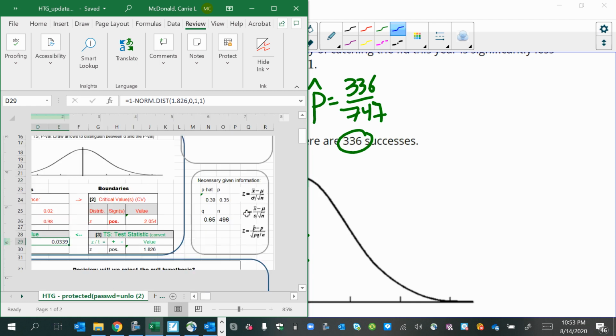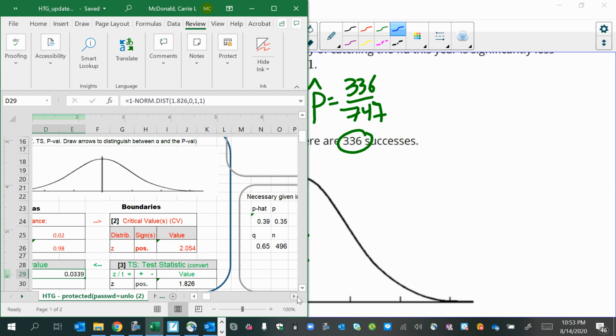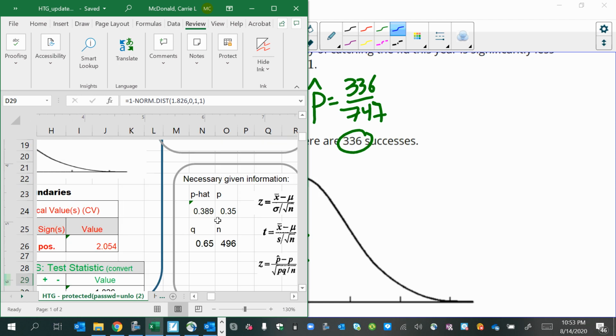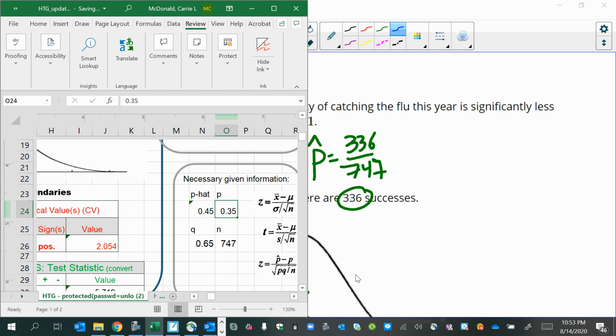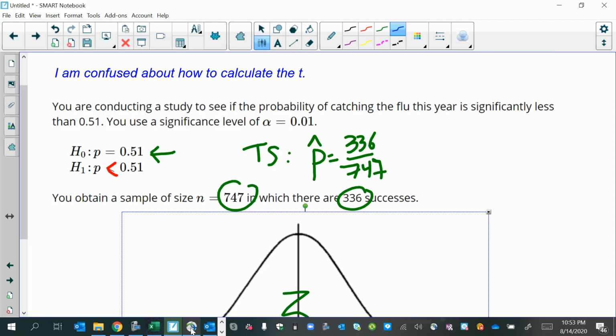which would be, let's calculate it as a decimal. So p hat here would be 336 divided by 747. And the claimed p, or the p in our null hypothesis, is 0.51.